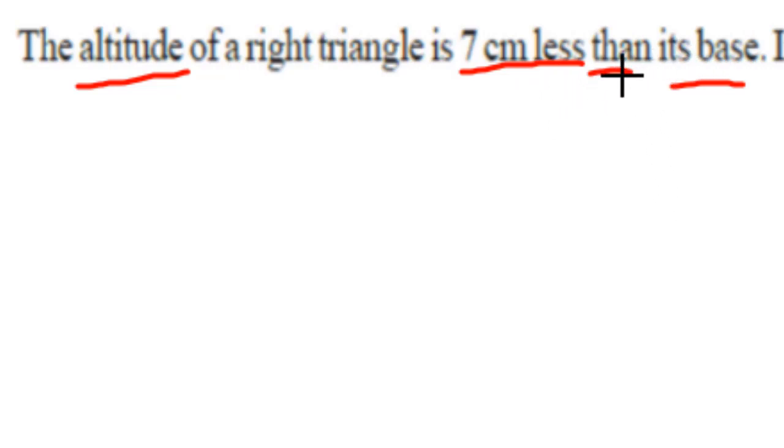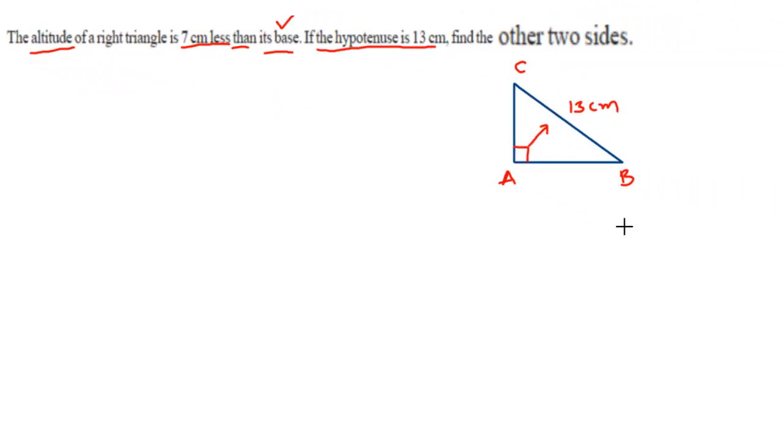This means what? The altitude is 7 cm lesser than the length of the base. That means if we know the length of the base, using the length of the base, we can say the altitude. Yes or no? Suppose, for example, if we take the length of the base as 10 cm, now can we tell the altitude length?